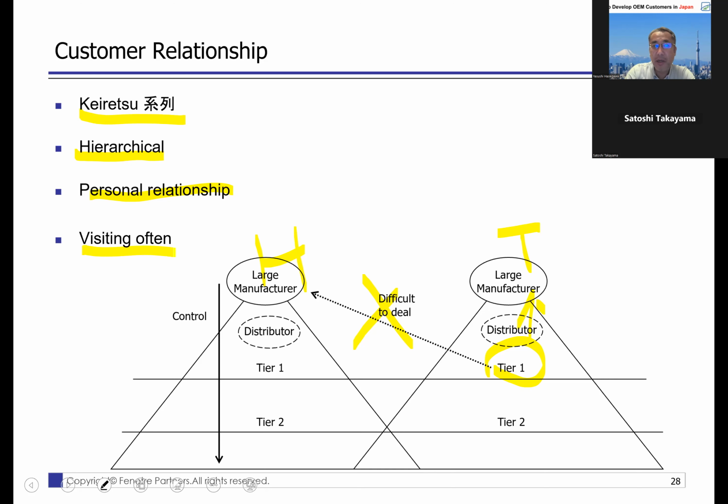During COVID, it has changed a bit. Maybe some small updates can be discussed online. However, you are still supposed to visit their office or factory, like once a quarter or once a month. It depends.